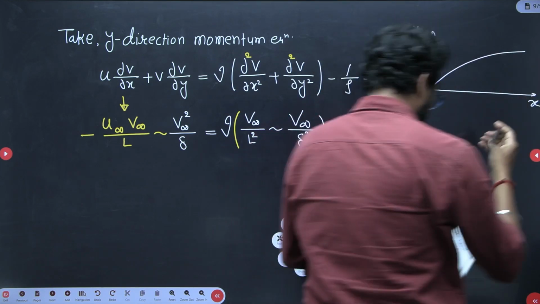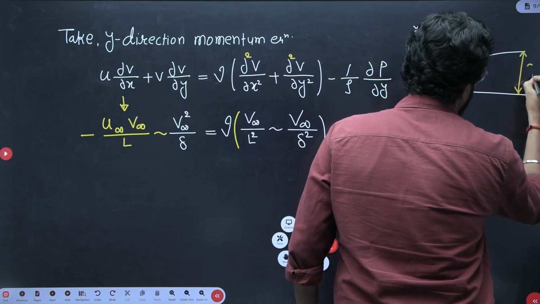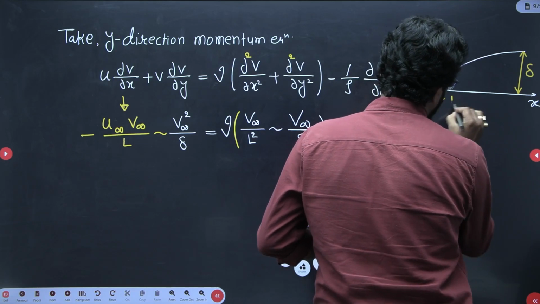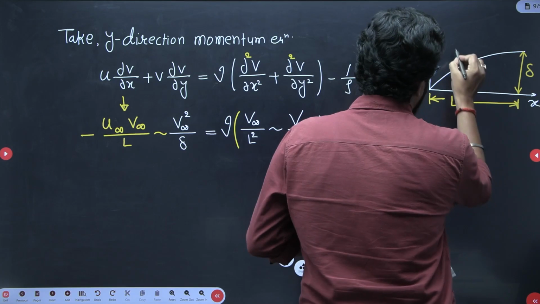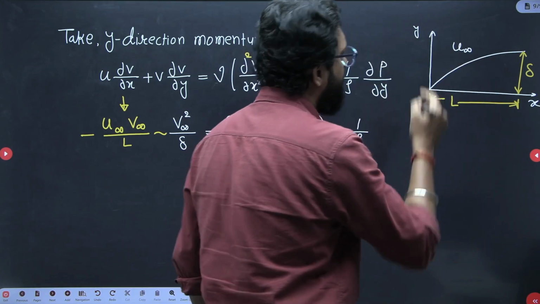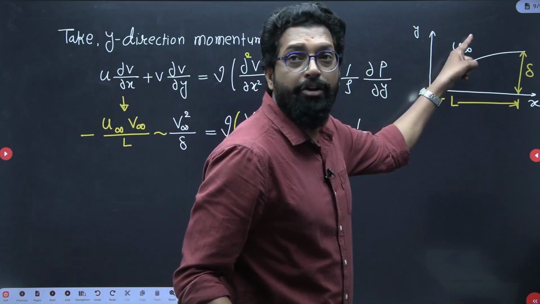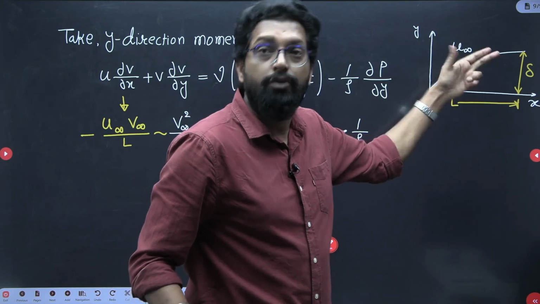Let's suppose this is your delta, and this is your length L. Here is the u infinite maximum. Mind it, this is outside the boundary layer, and outside the boundary layer we'll use the Bernoulli equation. So, what is the Bernoulli equation?